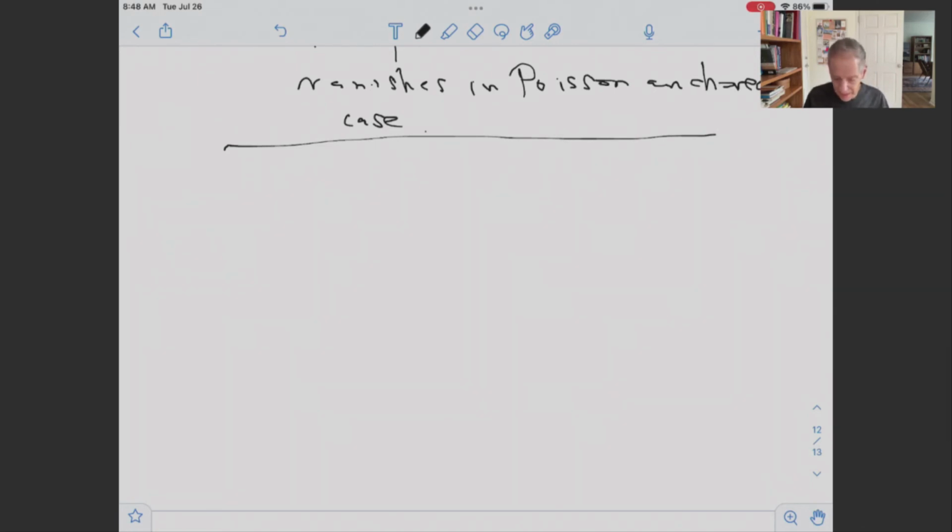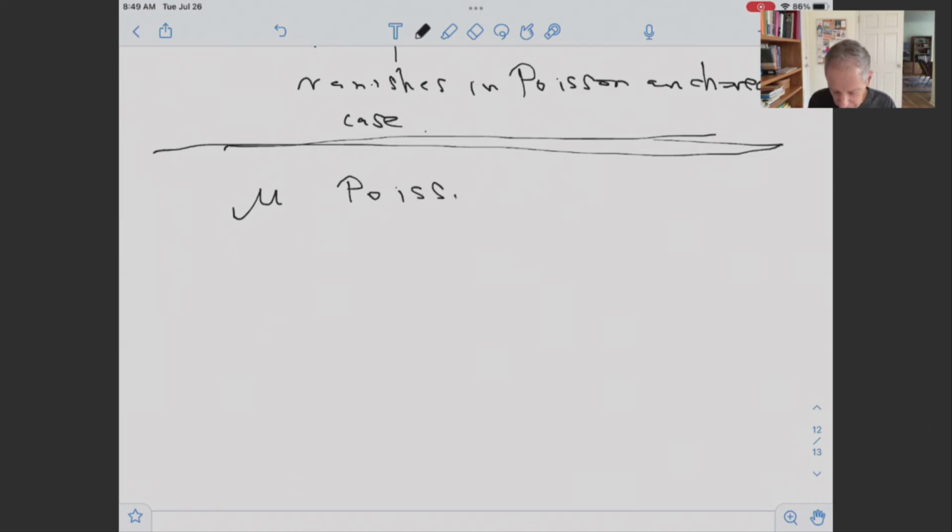And again, it's not completely clear how, if we have a section mu, of course we could ask whether mu is a Poisson map, because it is a map between Poisson manifolds.